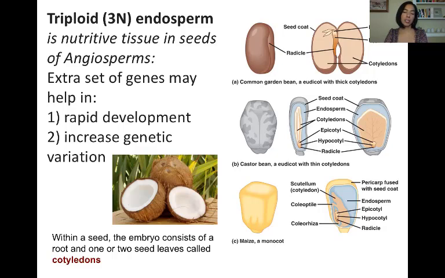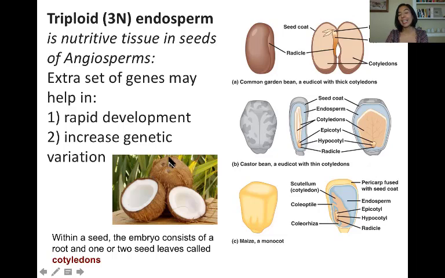That's the definition of a monocot. And the dicots are going to have two cotyledons in the embryo. So you can see this is one cotyledon and this is another cotyledon in the garden beans. You also can see these two cotyledons here in the castor bean.